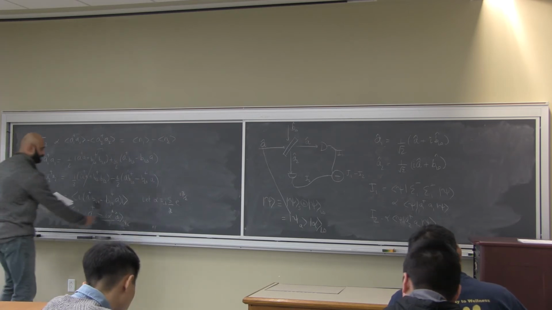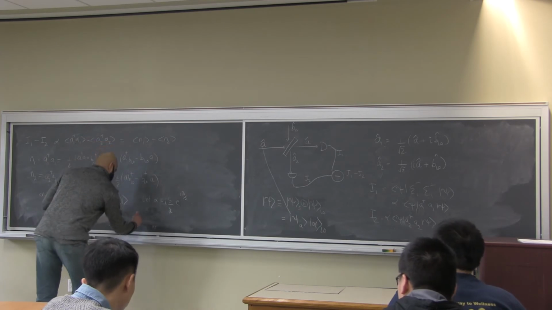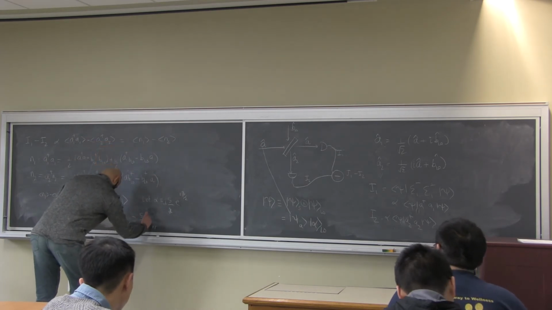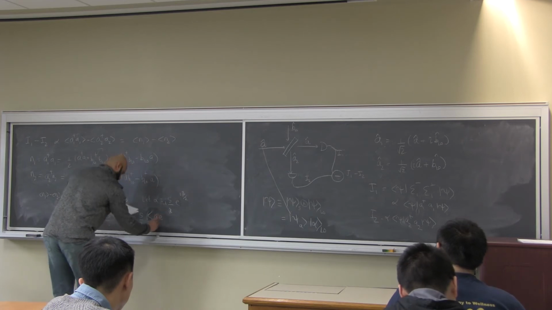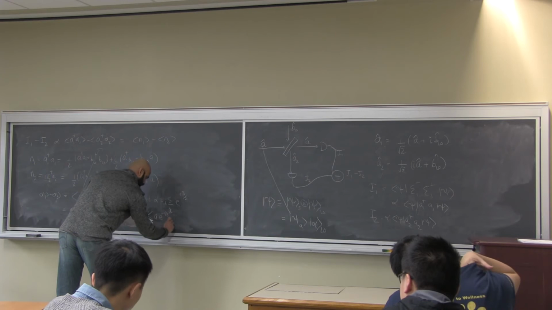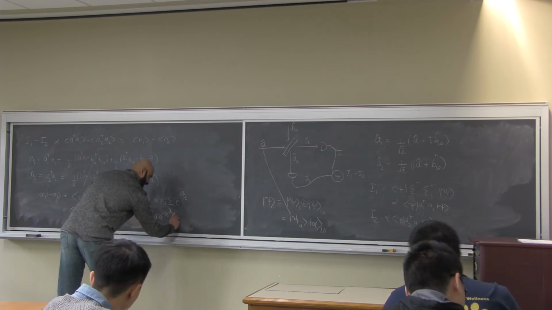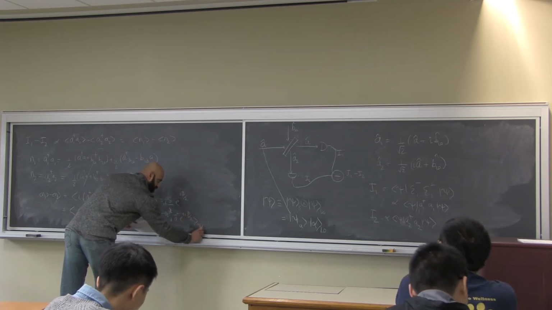And when I substitute that into this, I get S over 2 times the expectation of A e to the minus i beta over 2 plus A dagger e to the i beta over 2 in the state psi.